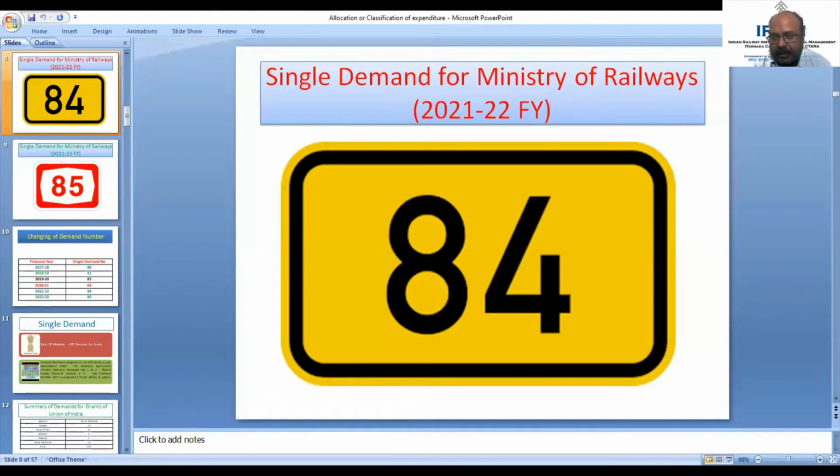Alphabetically, the Ministry of Youth Affairs and Sports is the last one, so it got the last demand number, 102. This is the reason our single demand number changes whenever any department is added or deleted.